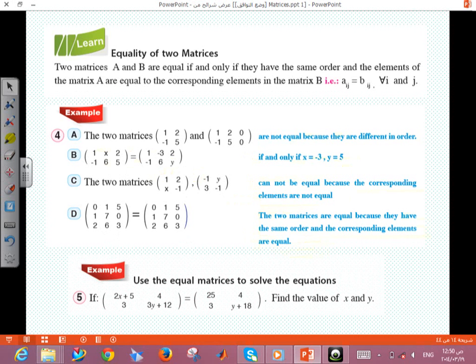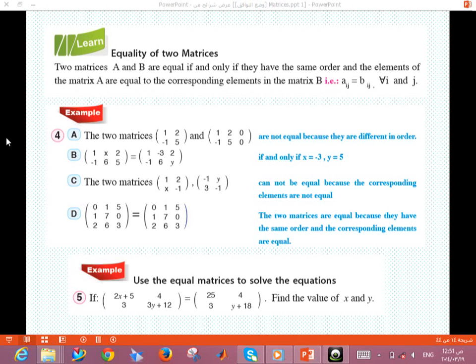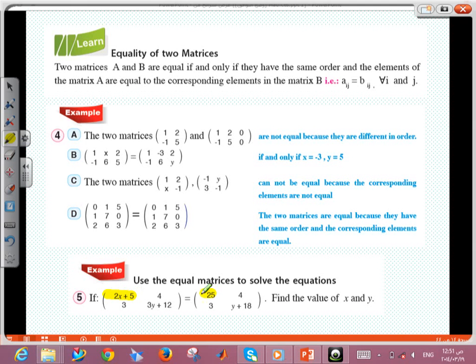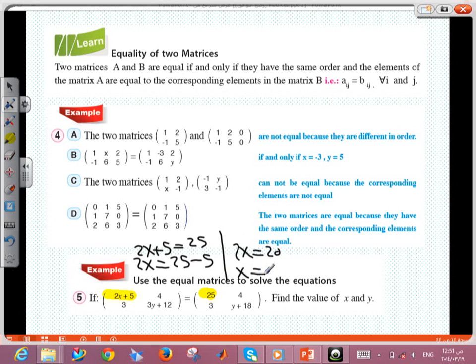Use equal matrices to solve the equations. If [2x plus 5, 3y plus 12] equals [25, y plus 18], find the values of x and y. Okay? We take this equal to that. 2x plus 5 equals 25, 2x equals 25 minus 5, then 2x equals 20, x equals 10. That's the first.